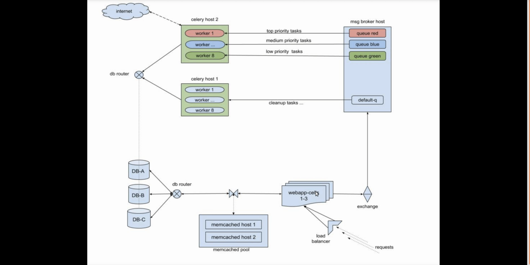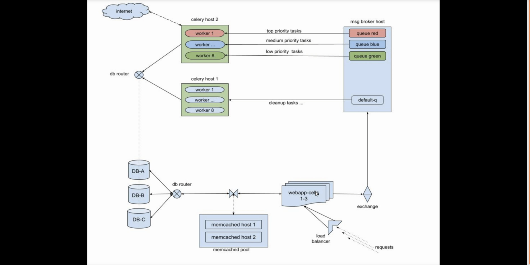And we have two Celery hosts within this particular application. Each one is a virtual machine with the Celery service running on it, configured to consume particular queues and use its workers on that particular queue.